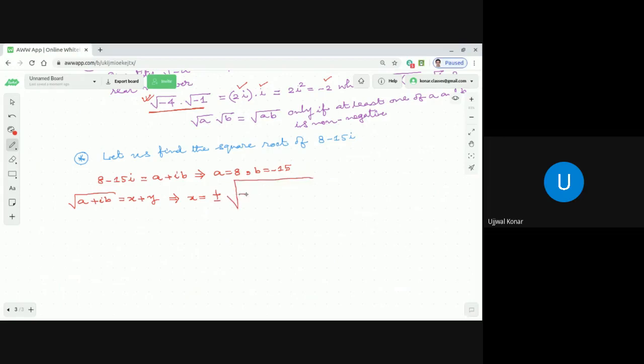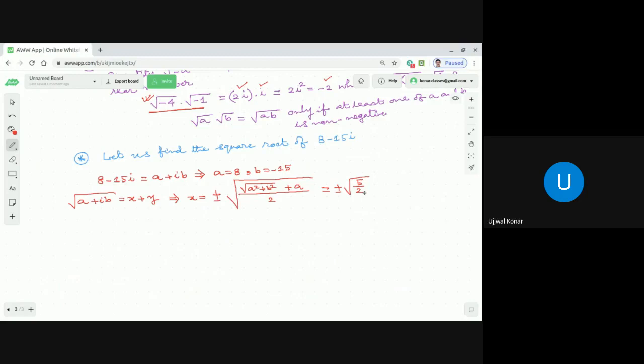Inside that square root, there is a numerator which is equal to square root of a square plus b square plus a, divided by 2. Please note that the 2 which is in the denominator is also under the square root. And if you find this one, we'll find something like plus minus square root of 5 by 2.